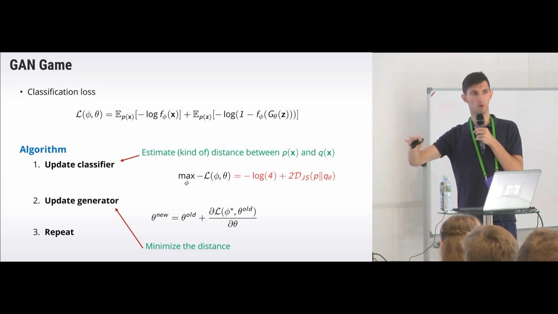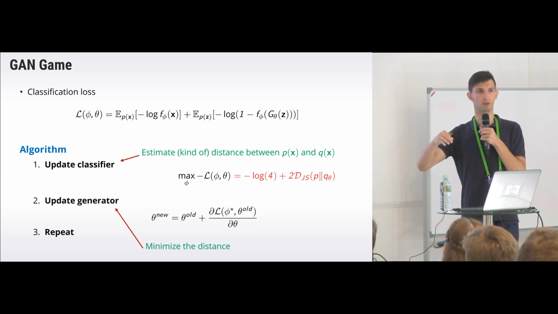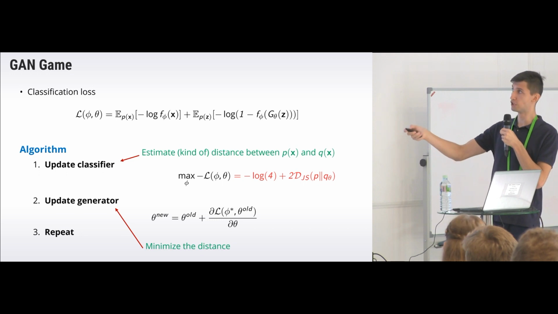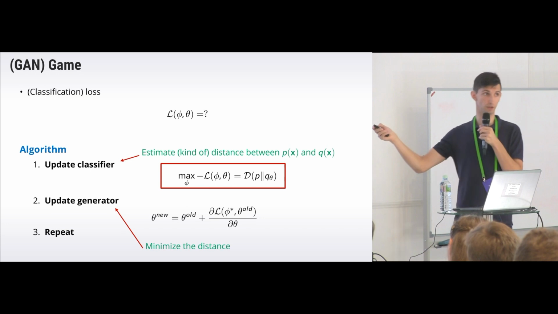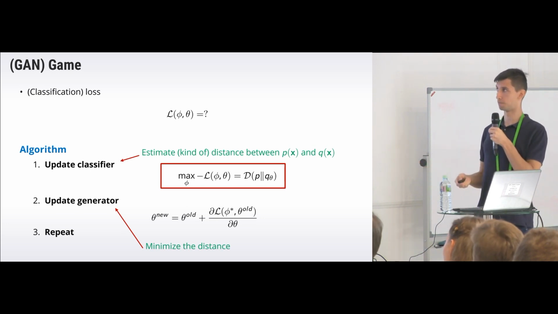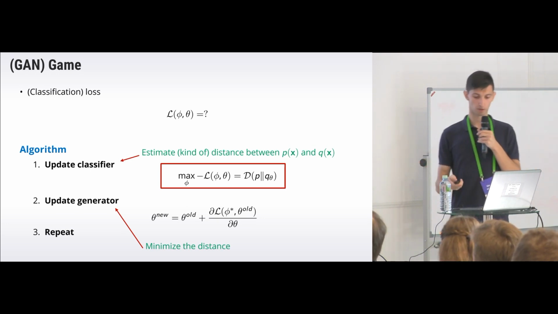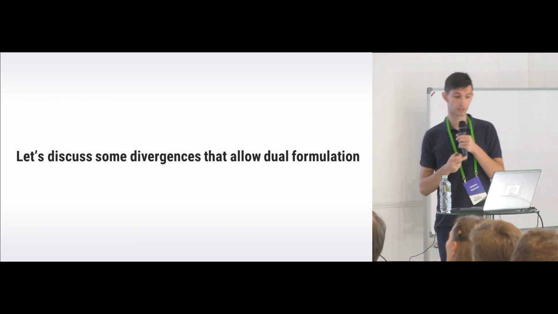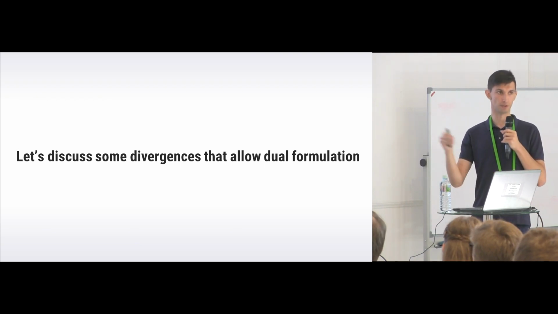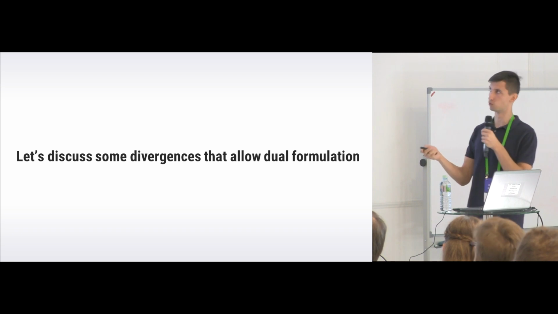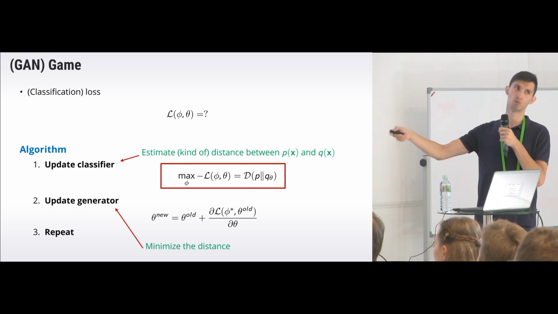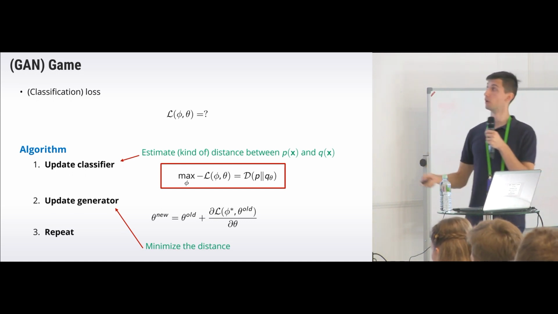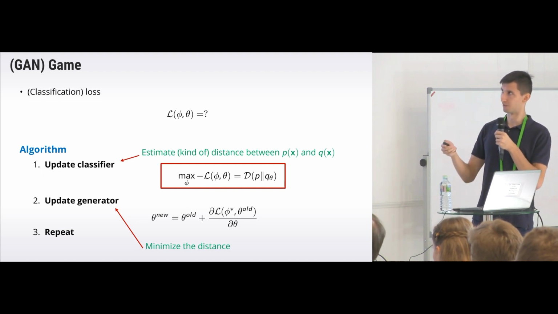There are a lot of ways to compute distance between distributions, so by changing L, we will get another kind of divergence. Let's now discuss some divergences that allow this formulation. It is called a dual formulation: the divergence is computed as a maximum over functions usually.